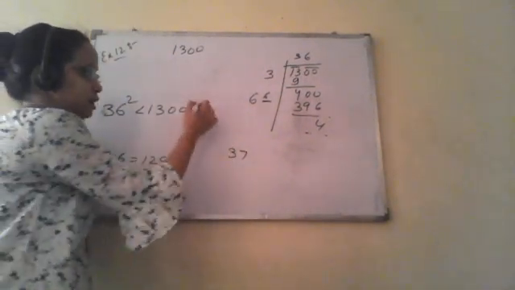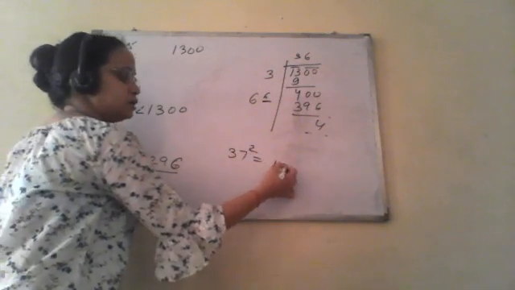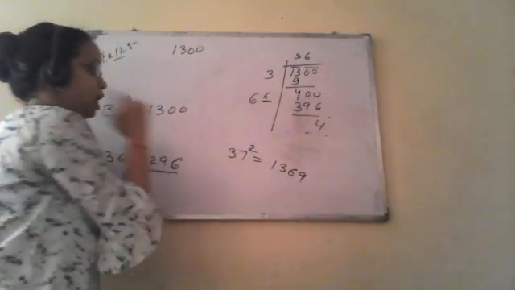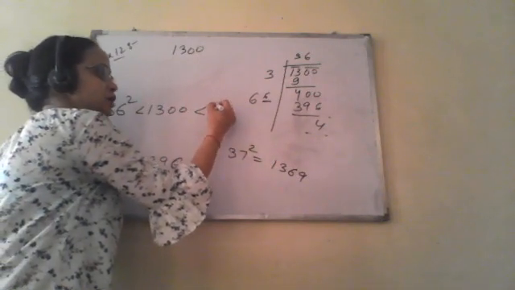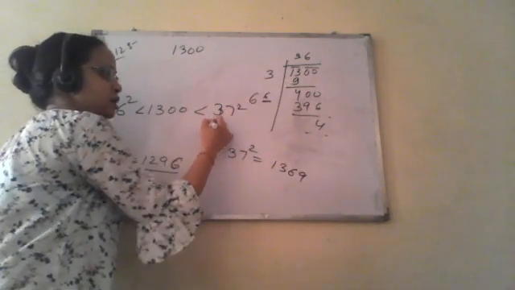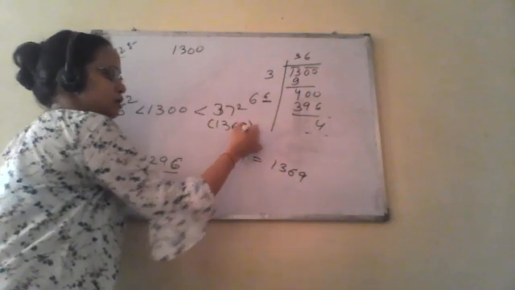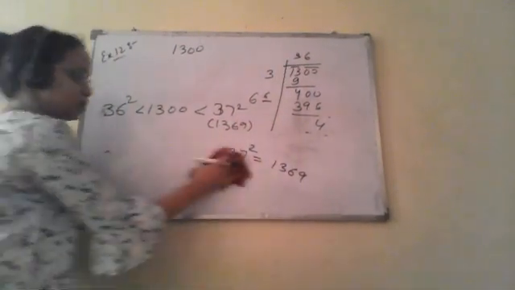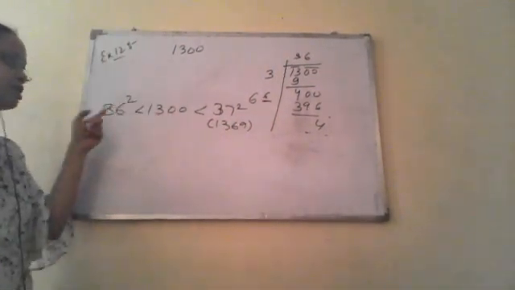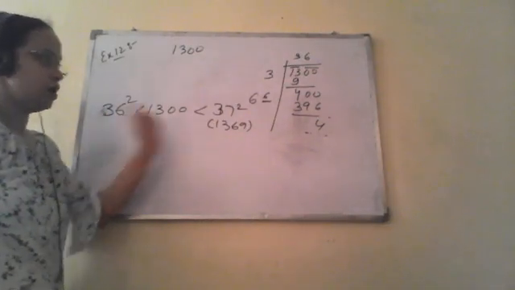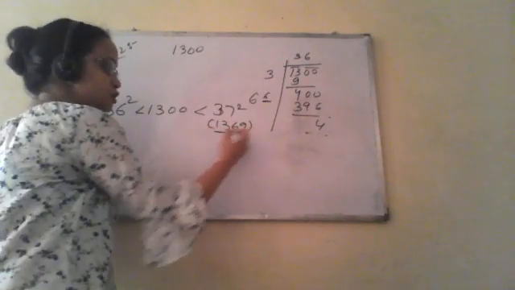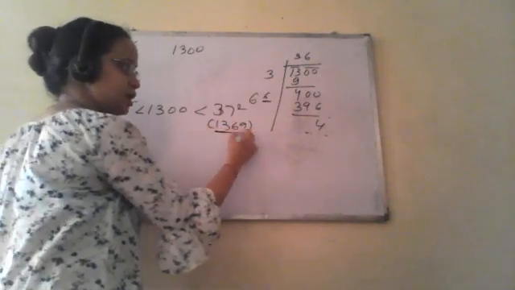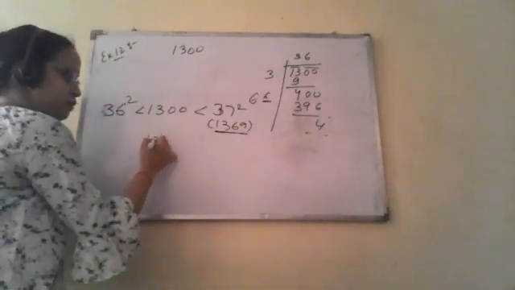The square of 37 is 1369. So there are two things. This 1300 is greater than the square of 36 and less than the square of 37. The square of 37 is 1369 and we have 1300.